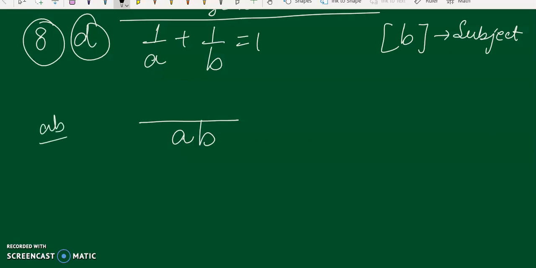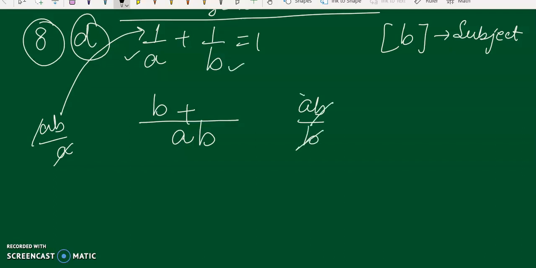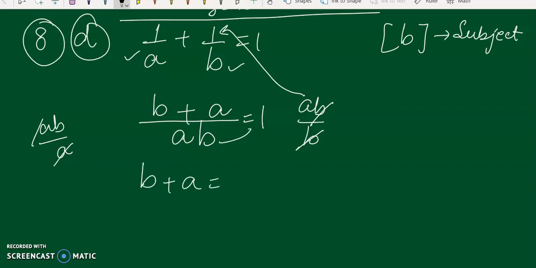When we divide AB by this A, we get B, so B multiplied by 1 is B, plus when we divide AB by this B, we get A, and when we multiply this A by 1, we get A, and on the other side we have 1. Now here we get B plus A is equal to AB will go over here and will be multiplied with 1. So we get AB over here, or यहाँ पर B plus A.